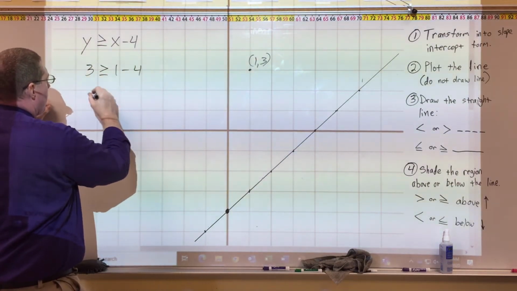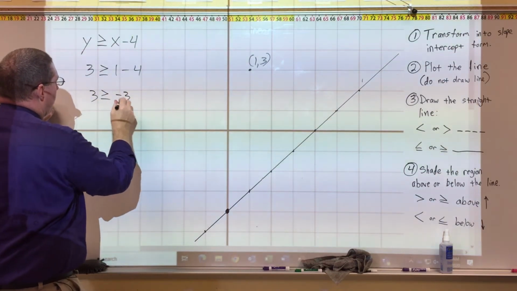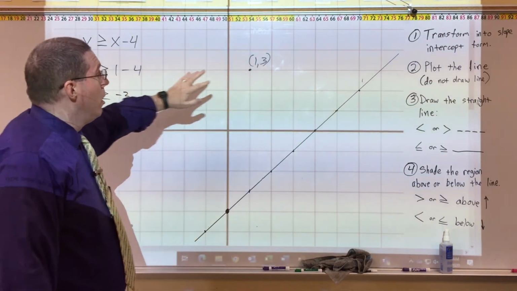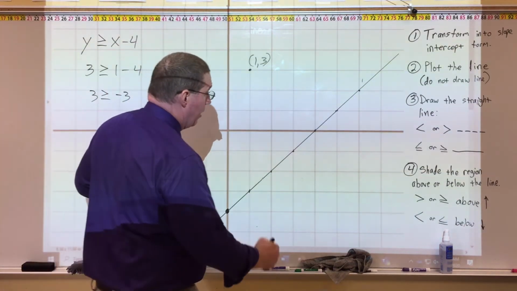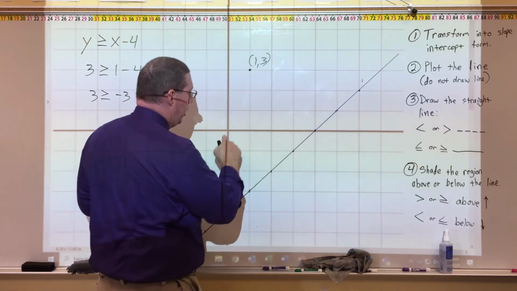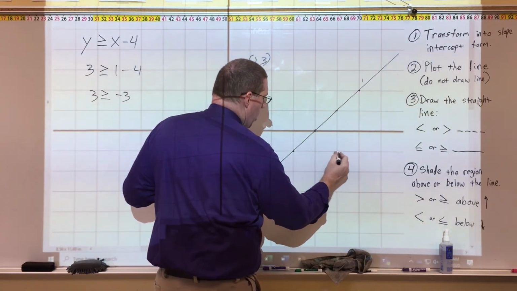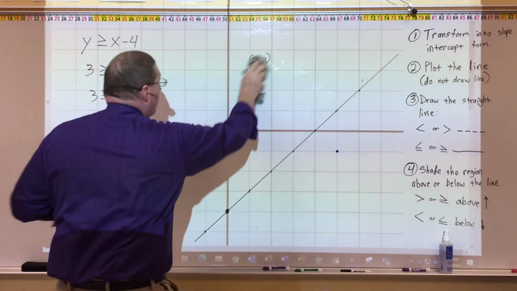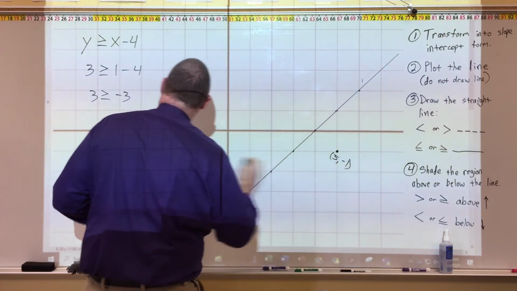What's 1 minus 4? Negative 3. Is 3 greater than or equal to negative 3? Yes. So this point is in the solution region. On the other hand, let's take a point outside of the solution region, like 5 and negative 1: 5 for x, negative 1 for y.